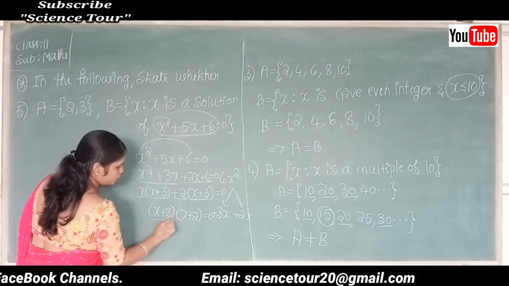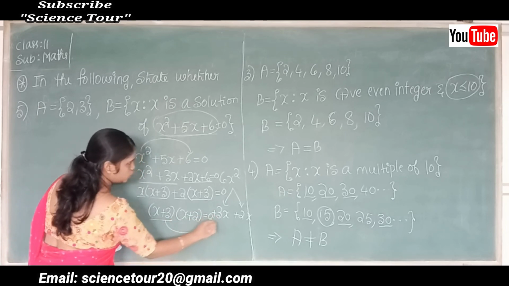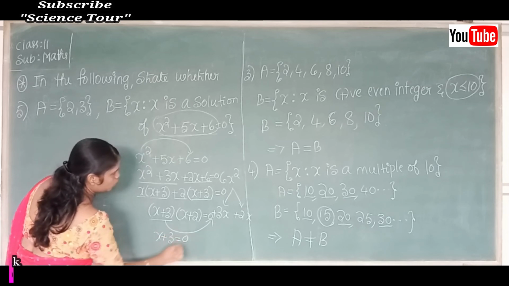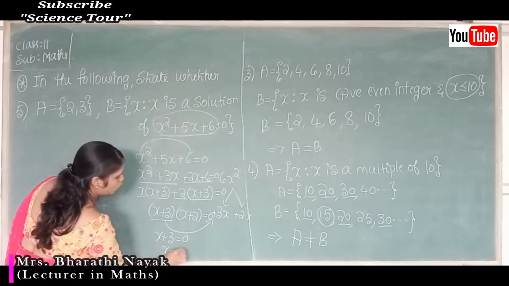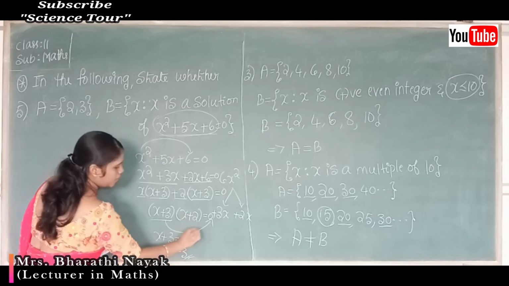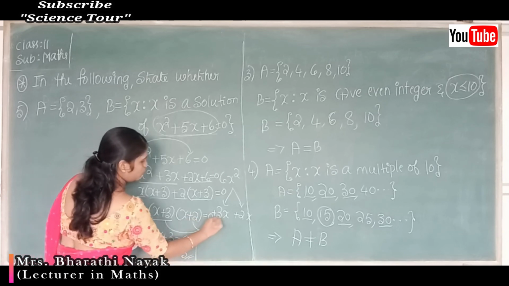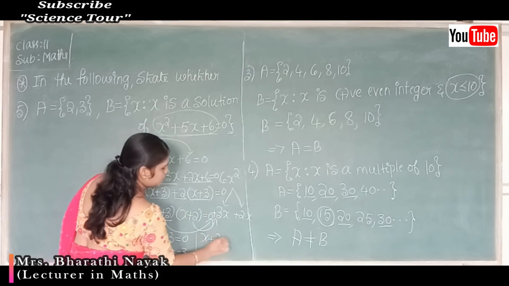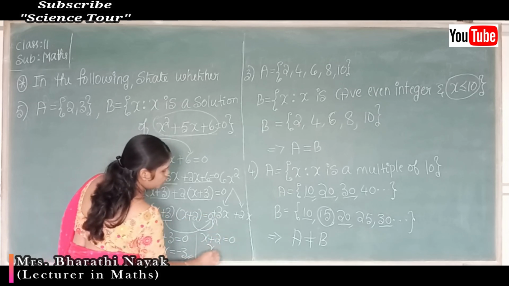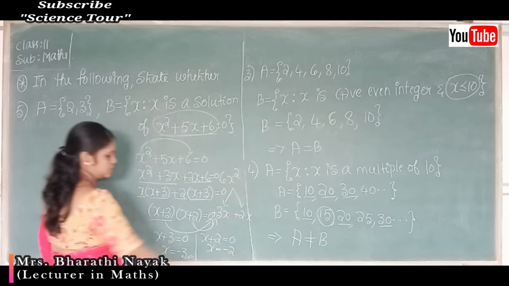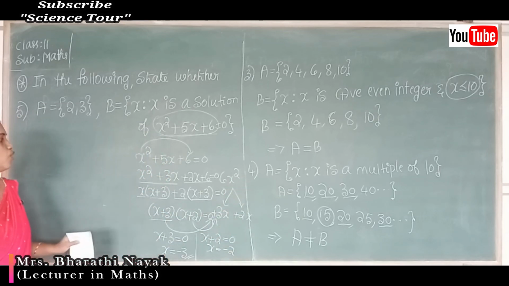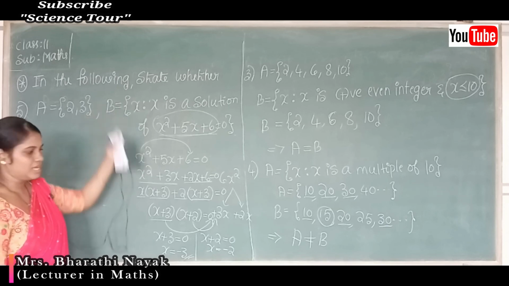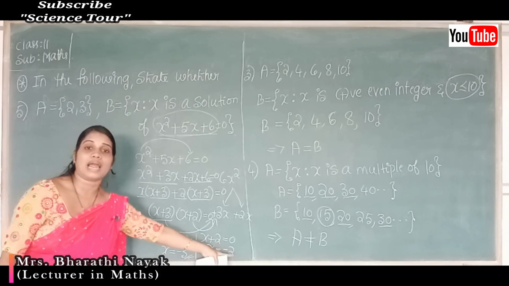So this is your first factor, equate it to 0. So x plus 3 equal to 0. So this implies the value of x equal to minus 3. Once again equate this x plus 2 equal to 0. So therefore what is the value of x? Minus 2. So therefore the elements of this set B are nothing but minus 3 and minus 2.